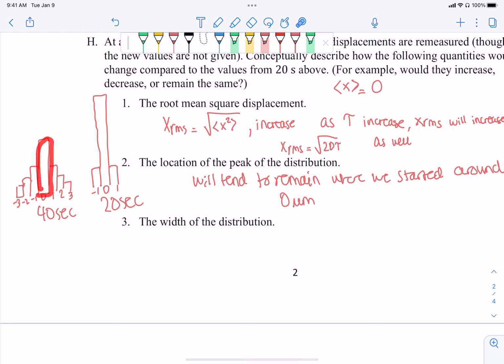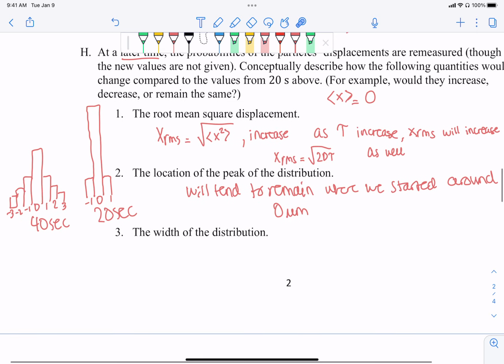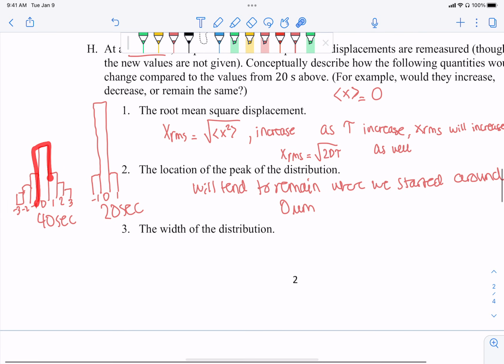Now you might have like 0.4 or something. Still the highest out of the bunch, but it might have decreased over time a little bit, because the particles are now spreading out, so you can occupy more positions. And so regardless of the amount of time steps, you're still going to have your initial position be the most likely position you'd end up.